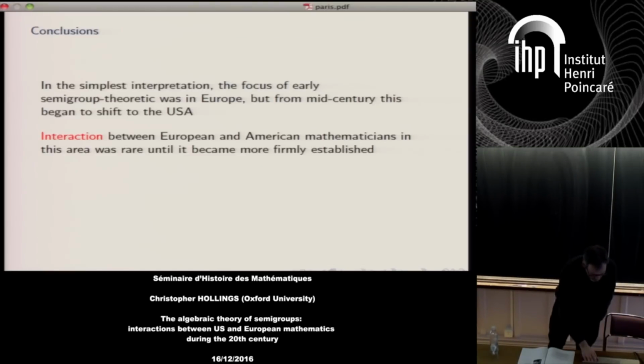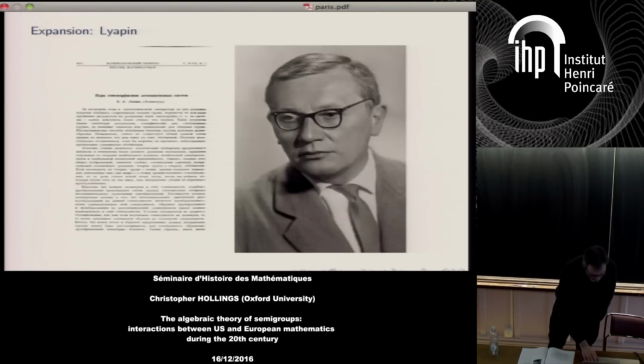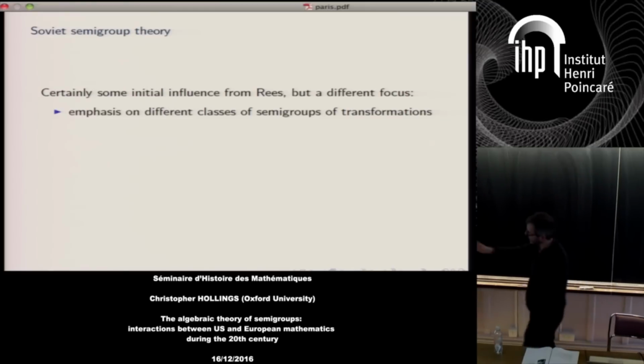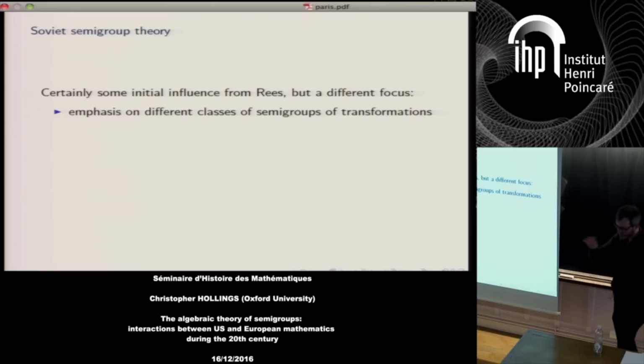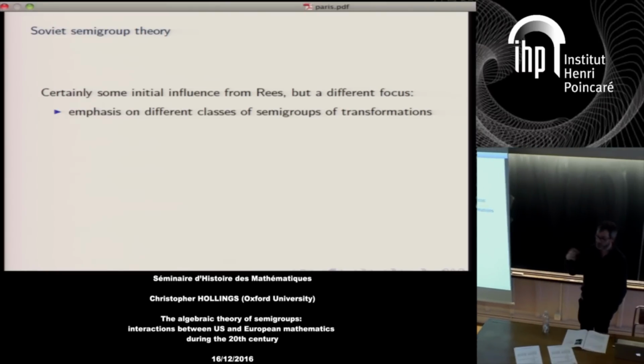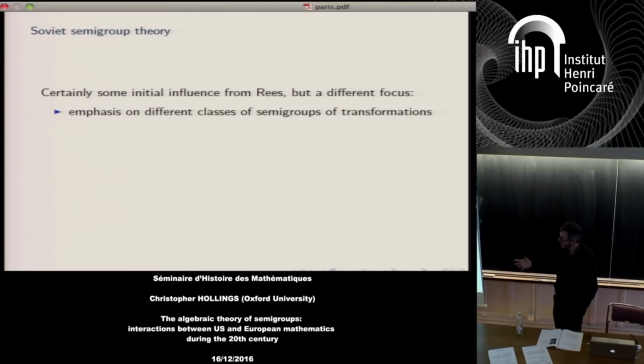Wagner, wherever he is, I can't find him anyway. So I had Wagner and Preston down here. Wagner was also interested in a system with a ternary operation, which came from a sort of axiomatization of certain systems in differential geometry, coordinate atlases and so on, which is linked very closely to the semigroup theoretic work that he was doing. And particularly this thing with the ternary operation is the thing that I've been translating, because it just isn't known in the West at all.